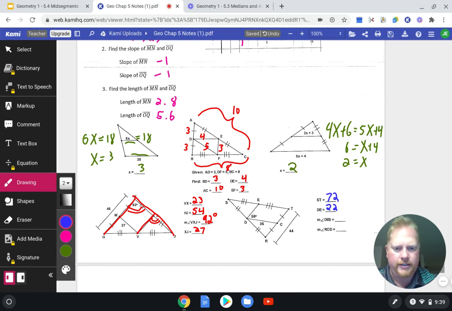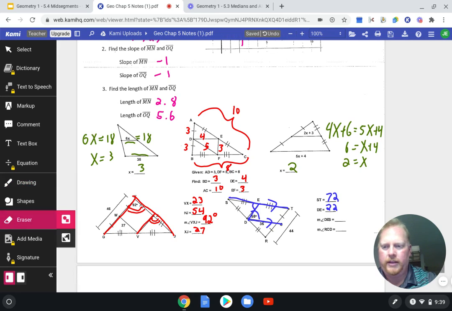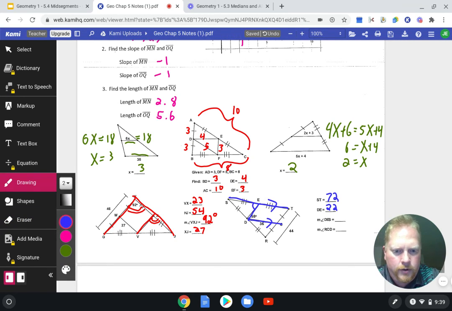Angle DES. So that's this angle right here. Okay, so the only other angle I have is 58, which, because ST is parallel to DC, let me clear that up a little bit. It looks like the 58 degree and angle SED are alternate interior angles.